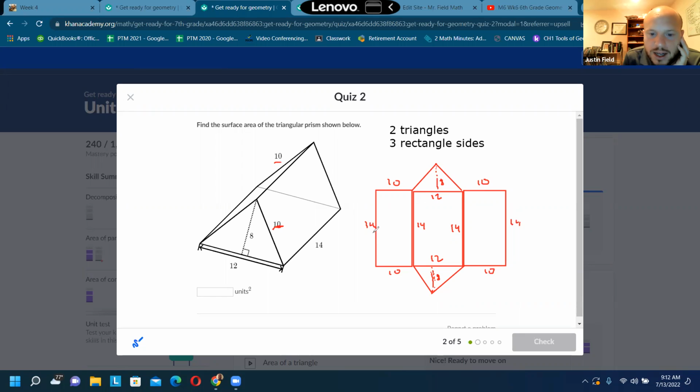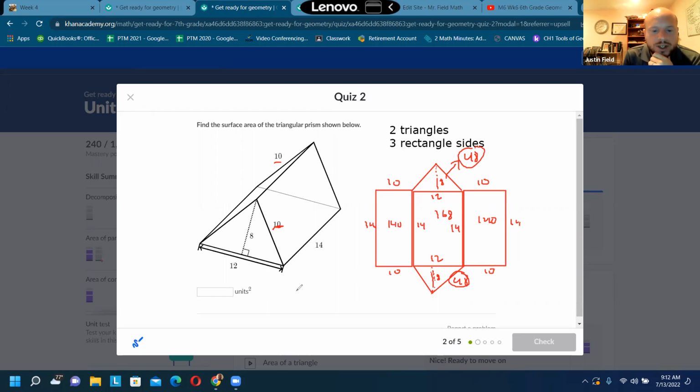So this is 10 times 14 is 140. It's 12 times 14. That's 12 times 14. 168. That's another 140. And this is 8 times 12, which is 48. And it's another 48.